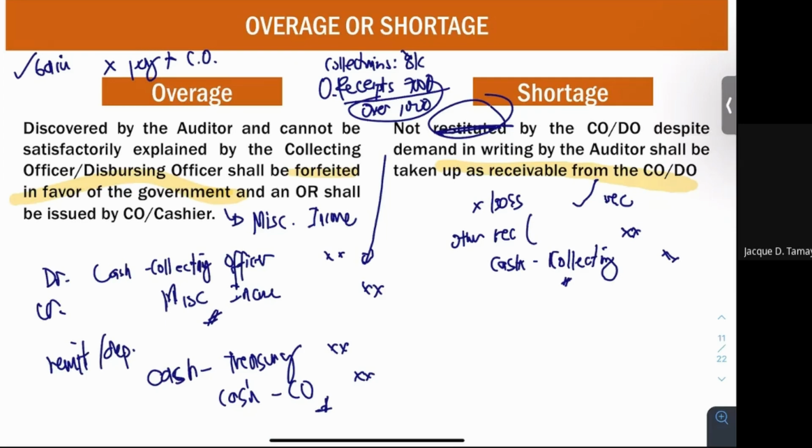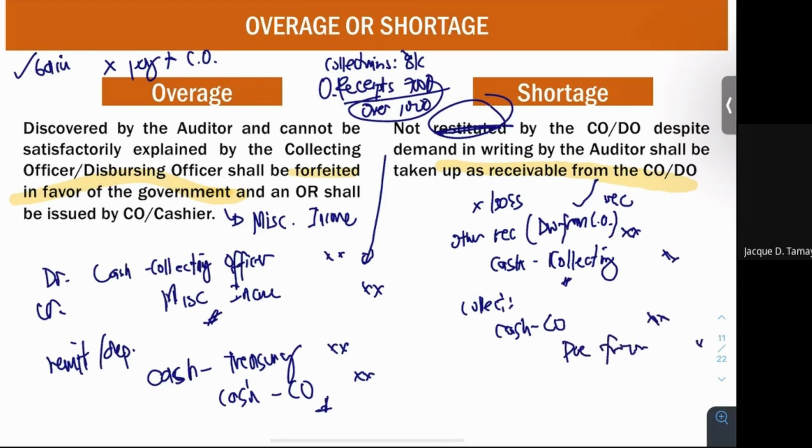Actually, you can also make use of your due from collecting officer. Once you collect it, upon collection, you debit cash, collecting officer, you credit due from, and then ultimately you now remit it, you debit cash, treasury, and then credit cash, collecting officer.